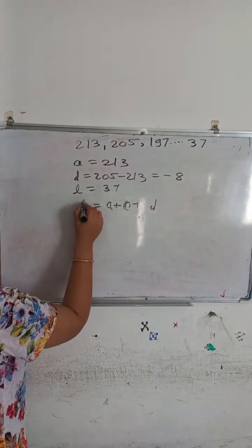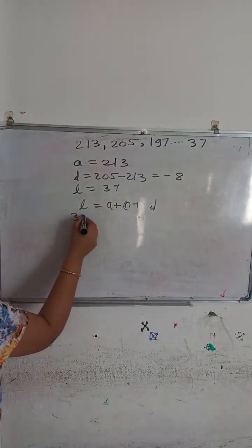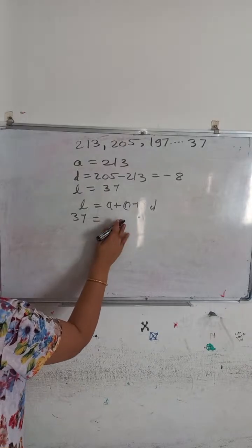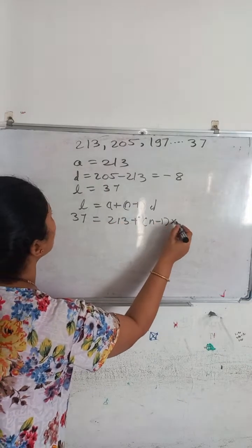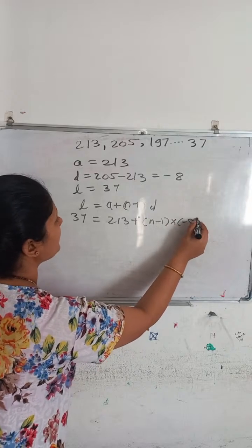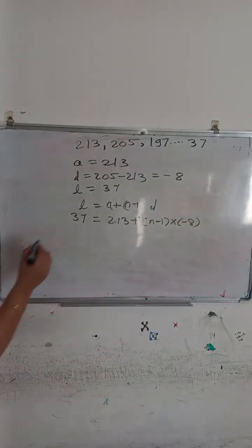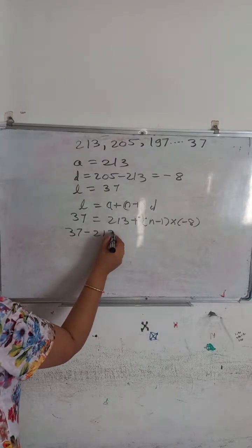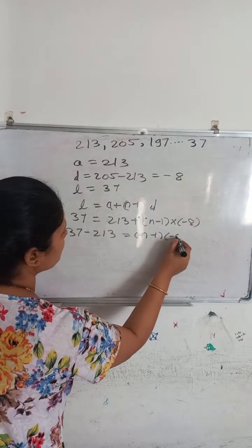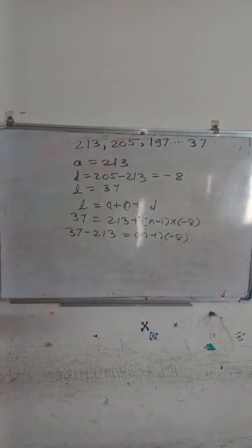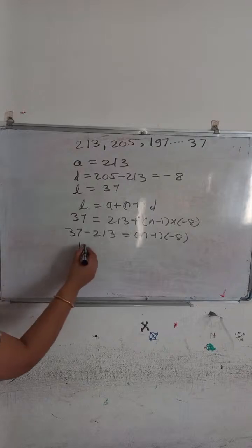This an is nothing but your last term, so the last term is 37. a is 213, n we have to find out, and d is minus 8. So 37 minus 213 is equal to (n minus 1) into minus 8.